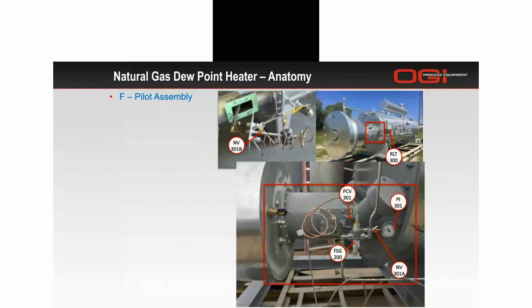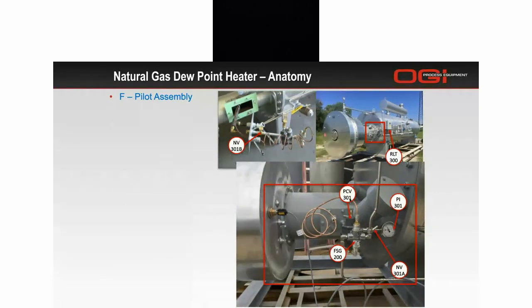The sensor is in the flame of the pilot. It's monitoring that the flame is present, and it's going to hold this valve open. As long as it sees that flame, it's going to hold this valve open. And if something were to happen, the pilot gets blown out, whatever the reason may be, it's going to initiate a shutdown. So it's a purely mechanical and pneumatic device.